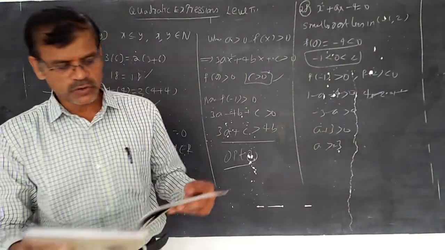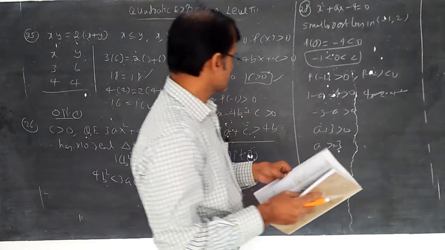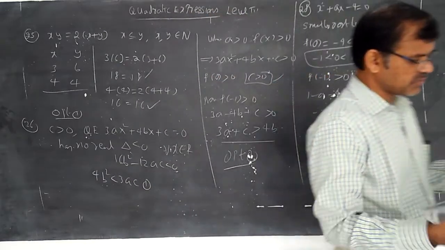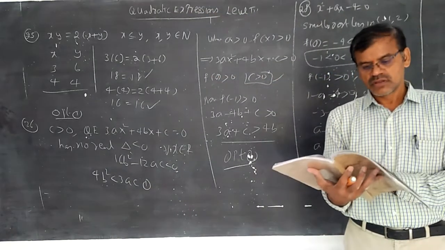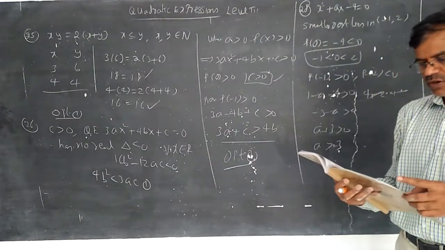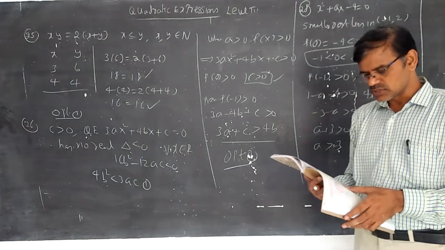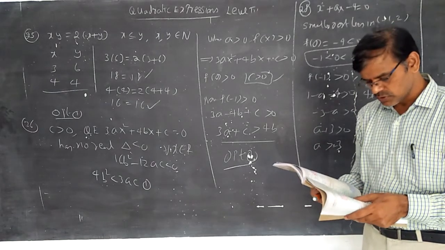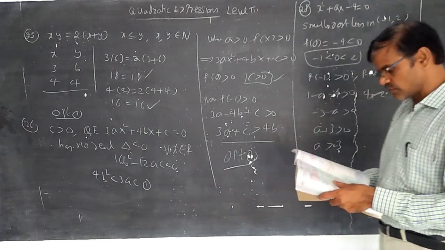Let us see the location of roots concept. If exactly one root lies between the numbers k1 and k2, then the condition is f of k1 into f of k2 less than 0.